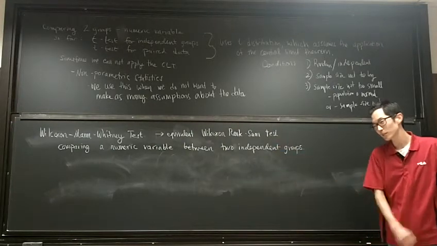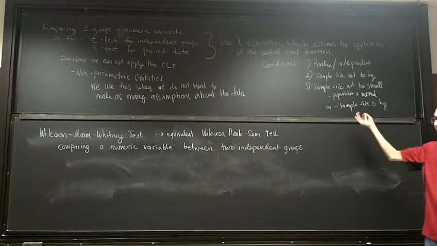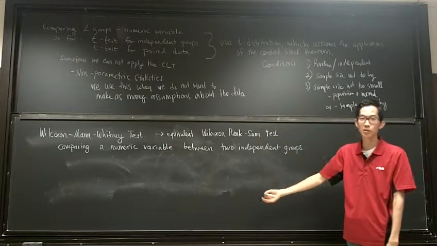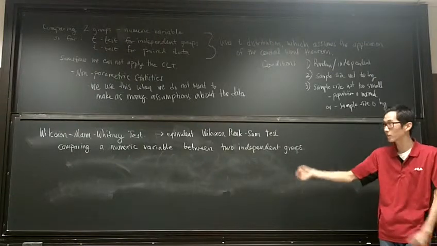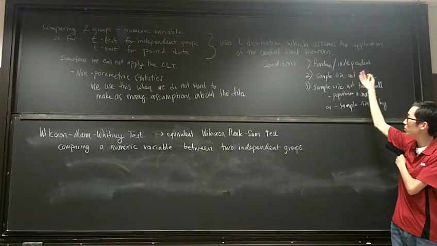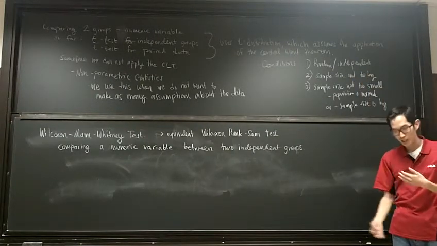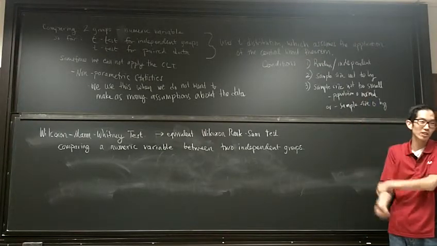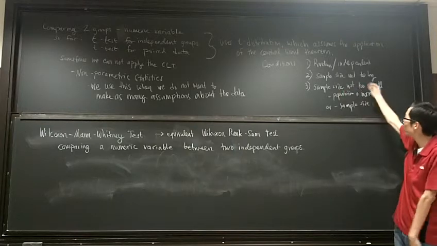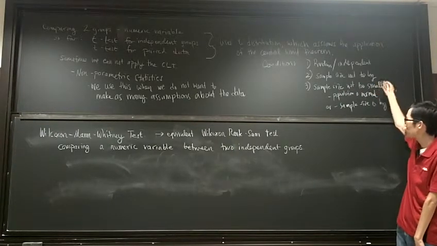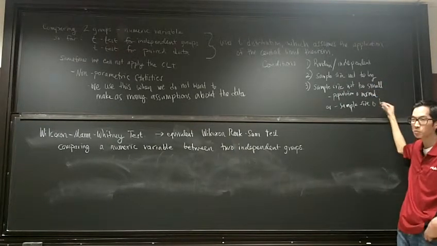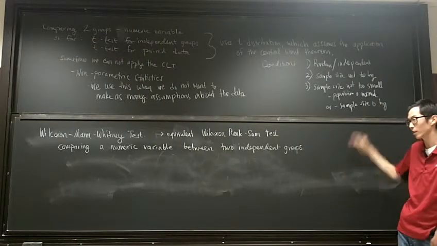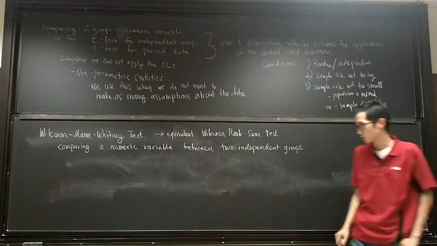So the Wilcoxon-Mann-Whitney test is not as powerful as a t-test because you're not placing as many assumptions on the data, okay? By using the central limit theorem, we're placing assumptions about the distribution of data, that either the population is normal, or that our sample size is big enough that the sample mean follows the normal distribution.